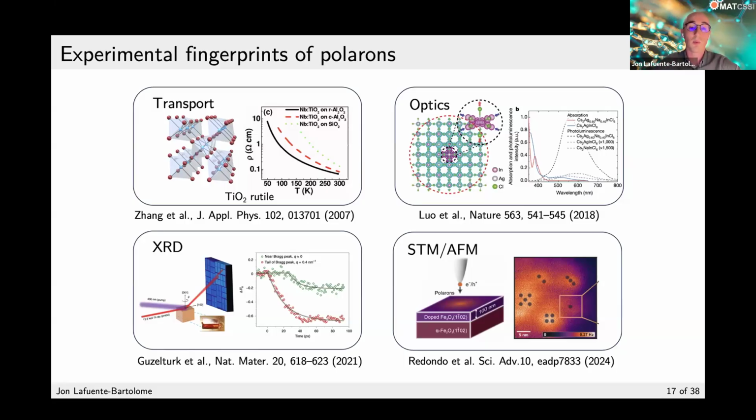So they could analyze what happens as polarons get localized in real time. And the one on the bottom right is more recent, and it's an AFM experiment in which the authors could create and manipulate single polarons on the surface of an oxide using the tip of an AFM. So this is giving very promising prospects toward control and manipulation of single polarons.